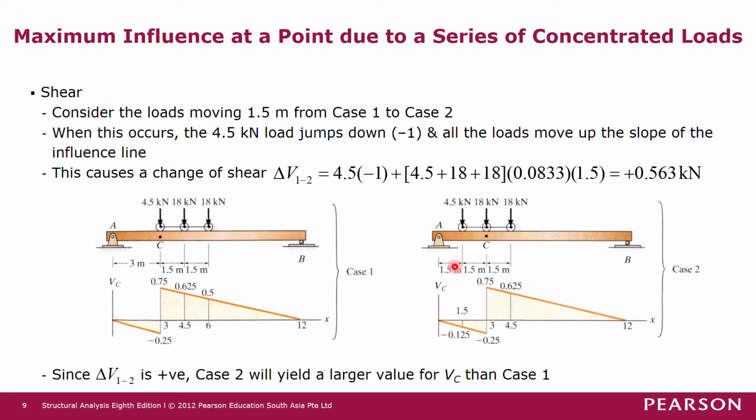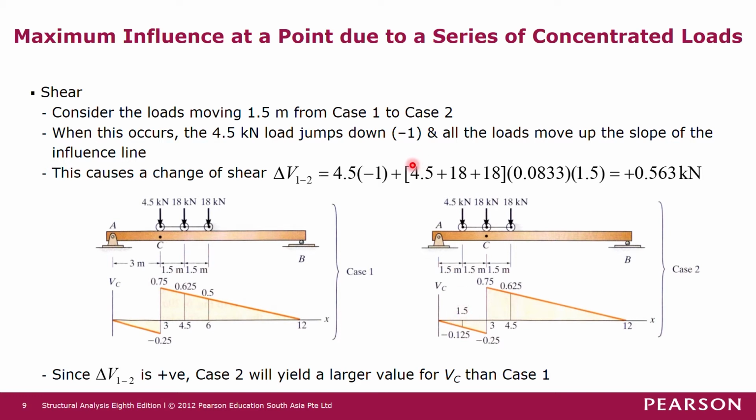As we can see from here, the change in shear force due to this movement is the 4.5 kilonewton force multiplied by the jump of -1, and then it moves up the slope by 1.5 meters in the horizontal direction to the left.